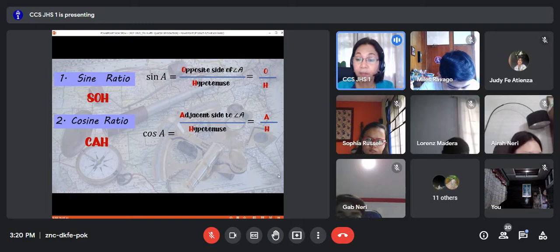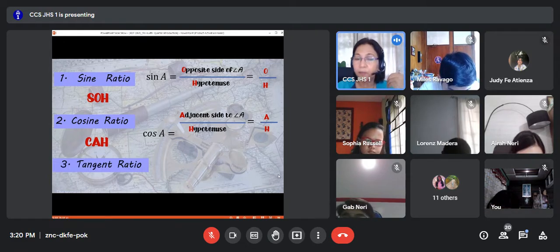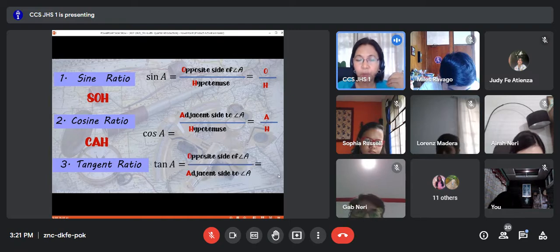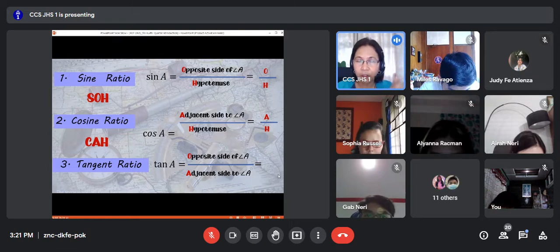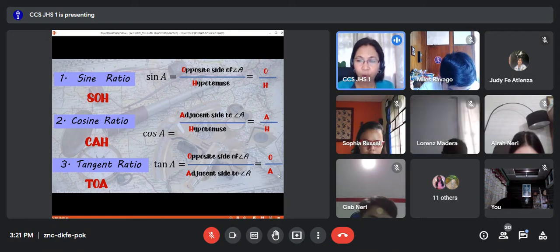Cosine of the angle is equal to the ratio of the adjacent side of the angle over the hypotenuse. And the third is the tangent ratio: tangent of the angle A is equal to opposite side of angle A over adjacent of angle A, or O over A. Your notation for that for easy memorization is TOA. So just memorize SOH, CAH, TOA.